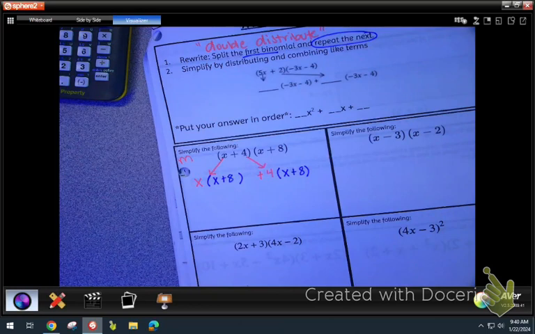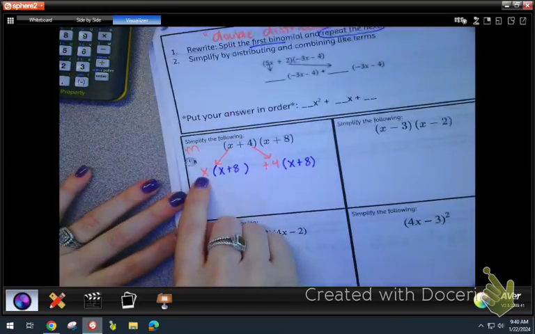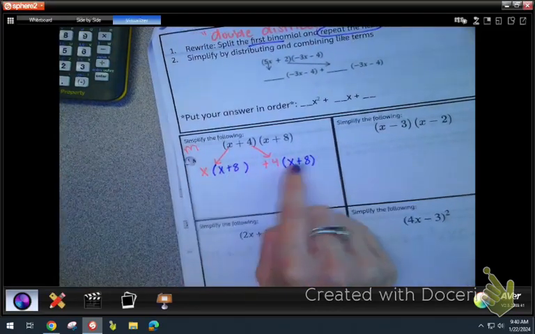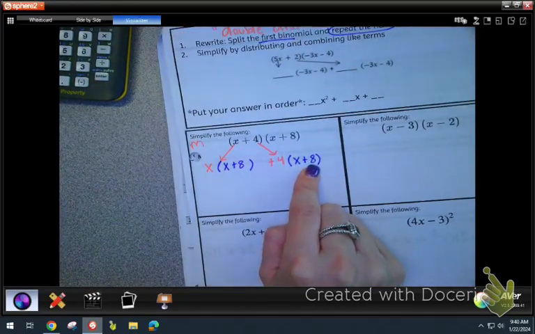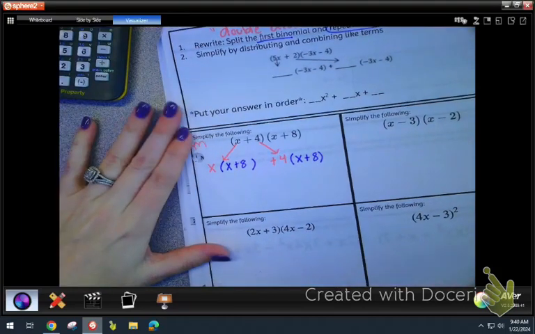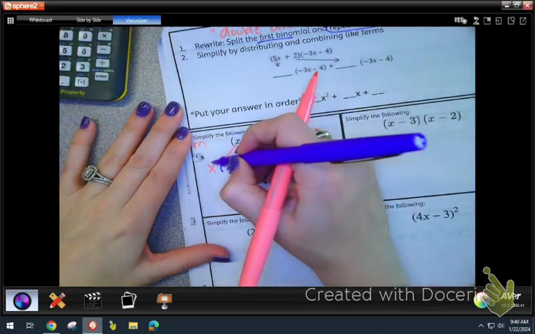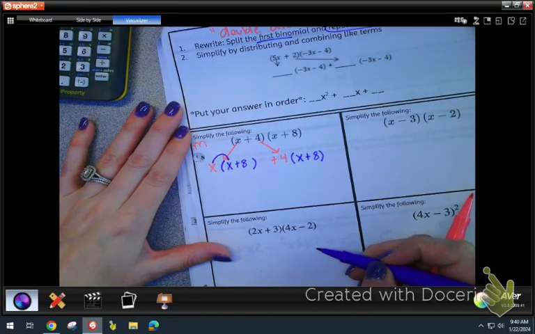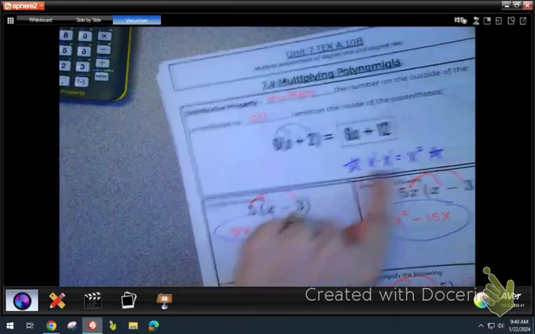Are we okay? So now it's going to look kind of like the last problem that we just did. How many distributions are we going to have to do? One, two. Double distribute. So I'm going to multiply x times x. What is x times x, Jahan? You might have been in the bathroom when we did this.